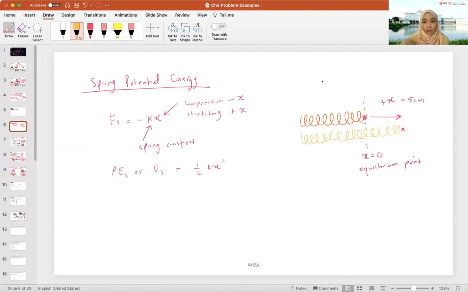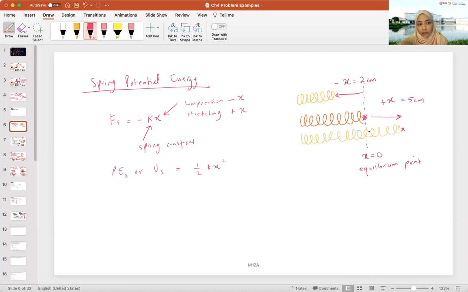And when I am compressing it, with respect to its equilibrium position, I am having a displacement. This spring has a displacement of minus x equals to 2 centimeter, for example. So this is 0. To the right is a positive. To the left is a negative.